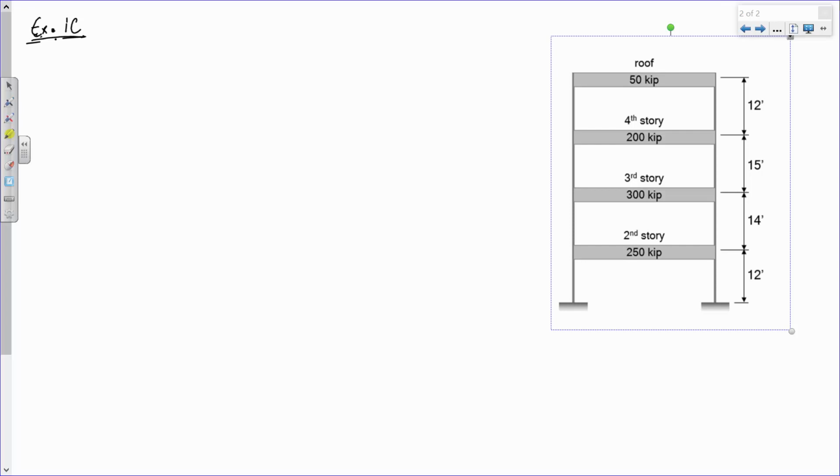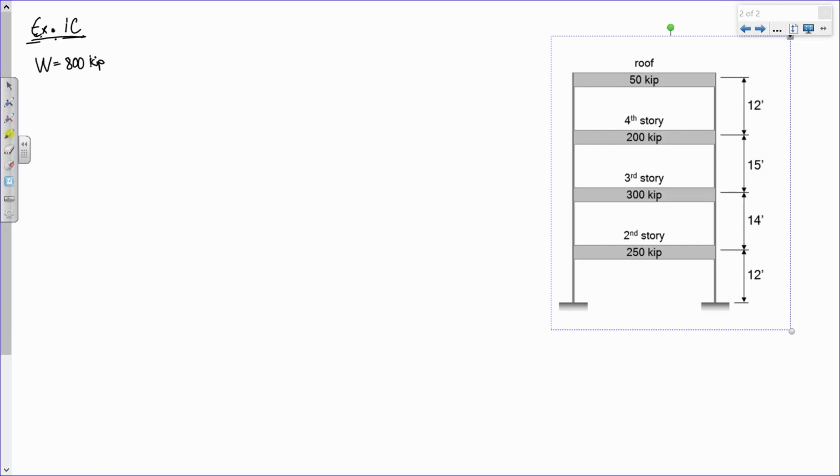Everybody okay with that? So we'll say that weight is 800 kips.